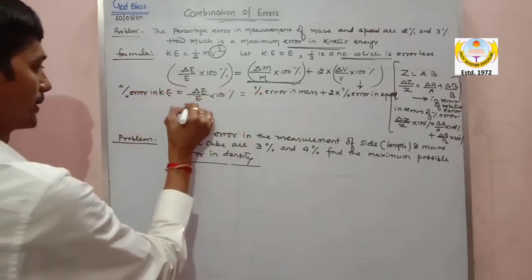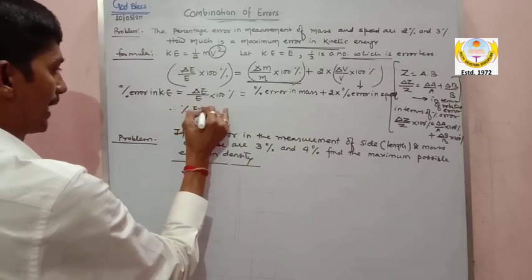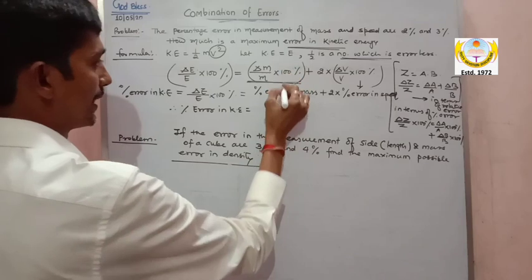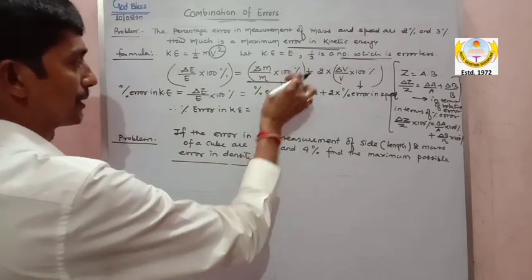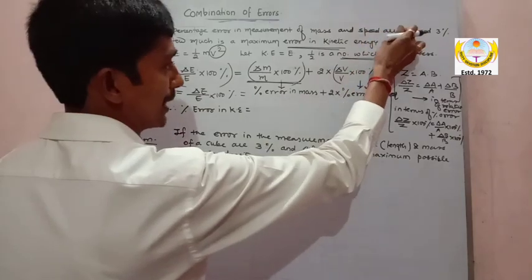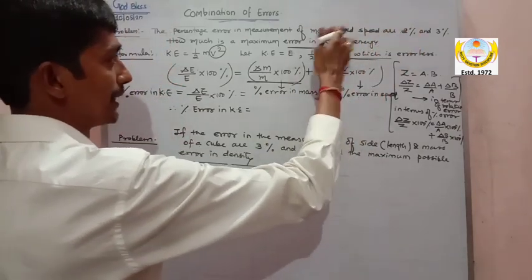Therefore, percentage error in kinetic energy has the term percentage error in mass, delta m by m into 100%, and they have given the answer for that directly: 2% is the percentage error in mass.